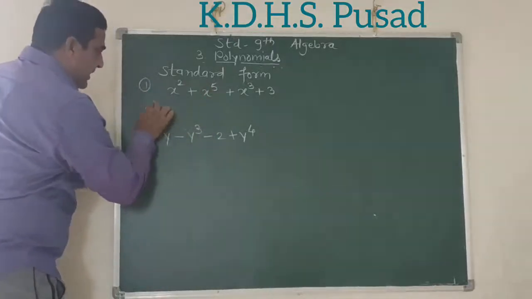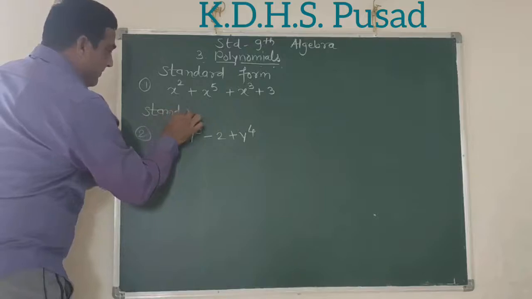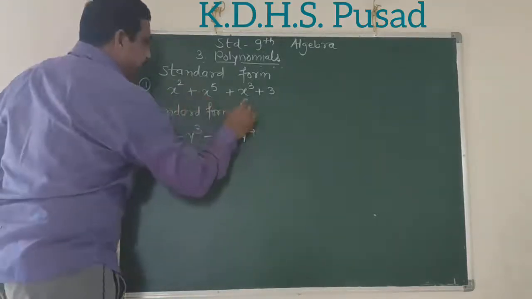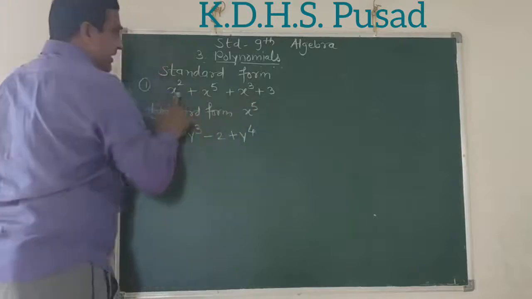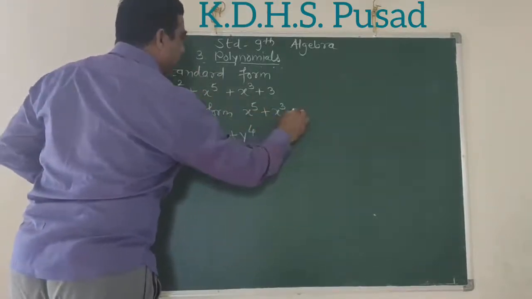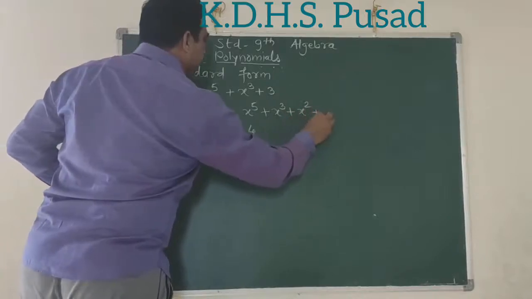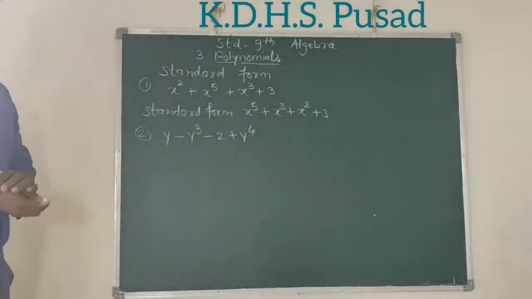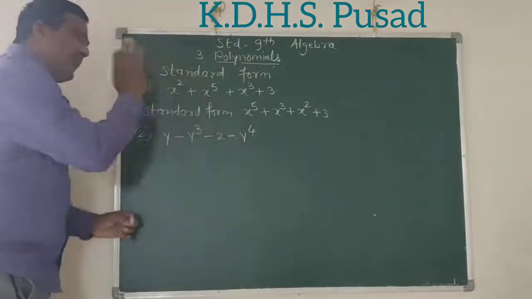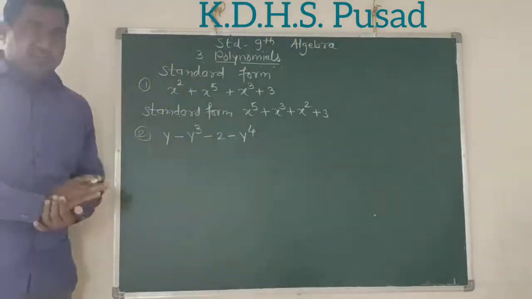So here, standard form: first of all, x to the power 5, then the next descending power x cube, then x square, and then 3. Okay.